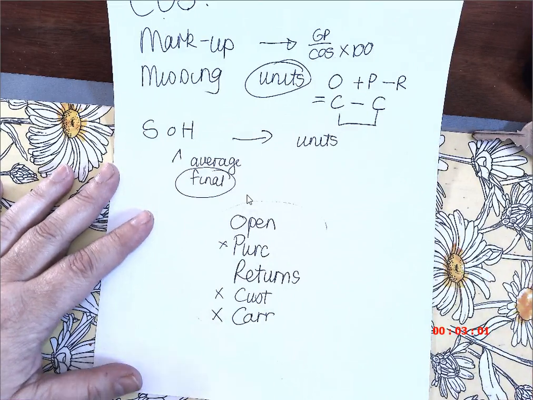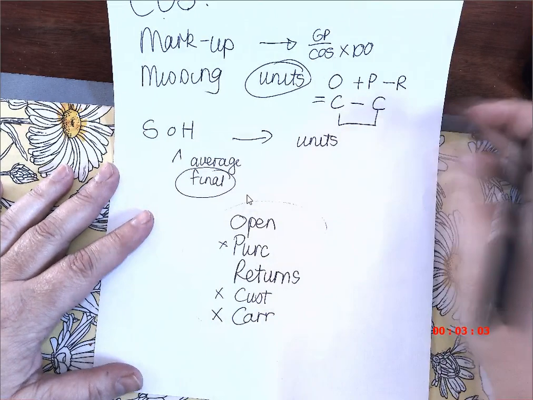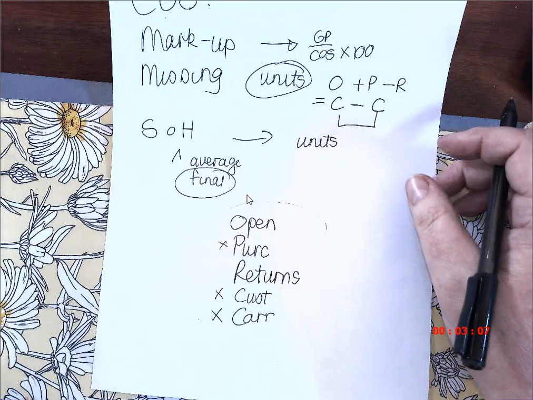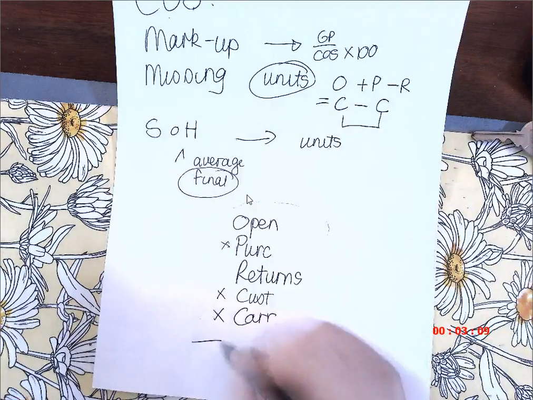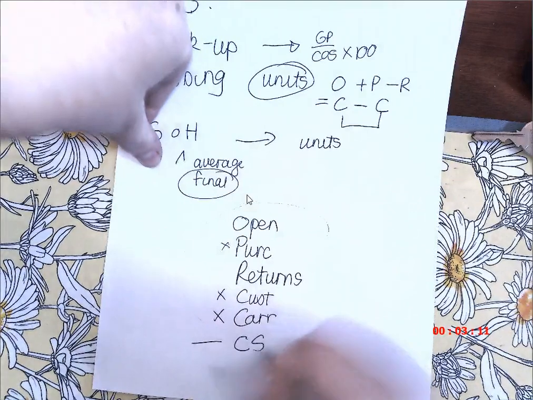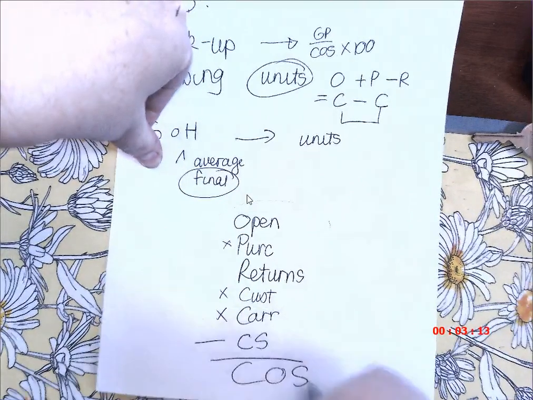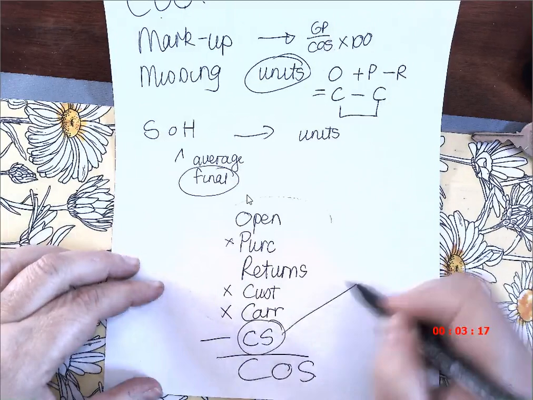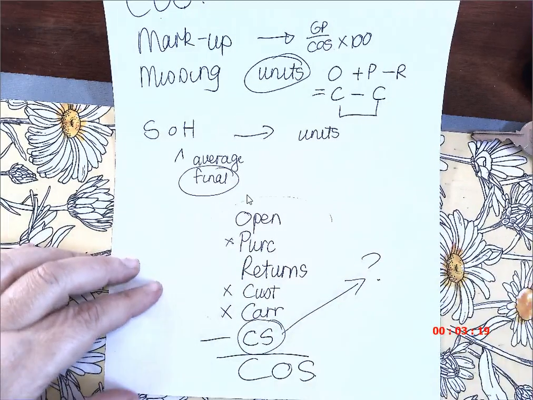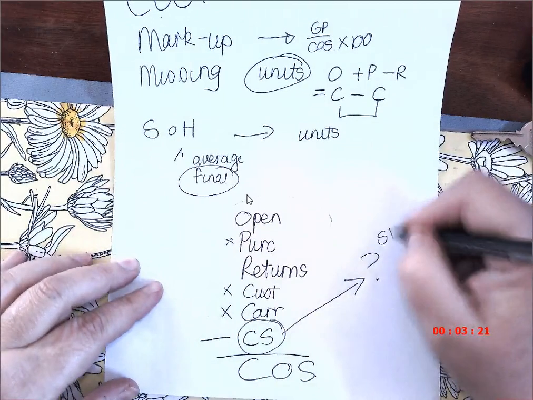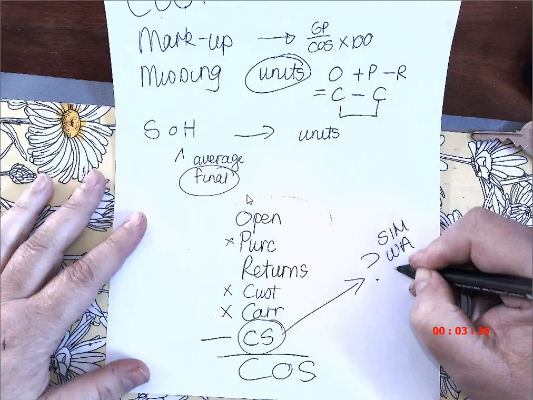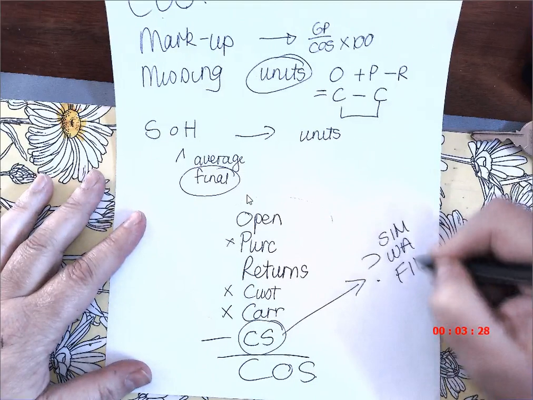So in other words, if I do my methods to calculate cost of sales, I would then just subtract my closing stock. That gives me cost of sales. But usually, number one, they ask me to calculate the closing stock by either using FIFO, weighted average, or so on.